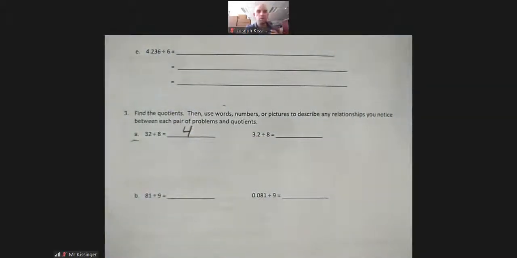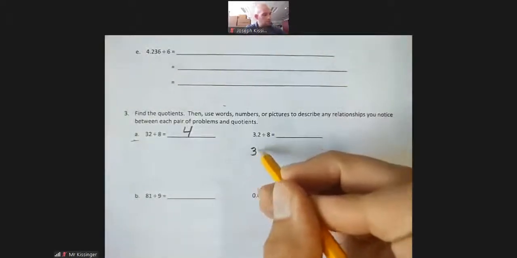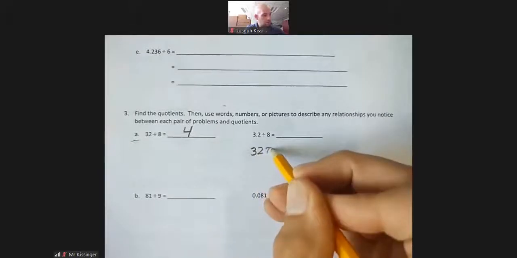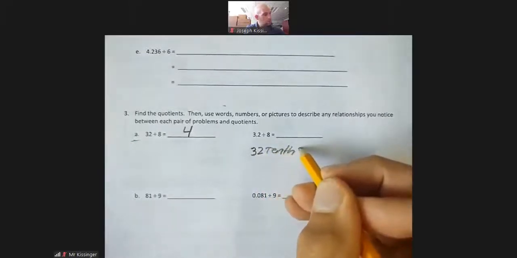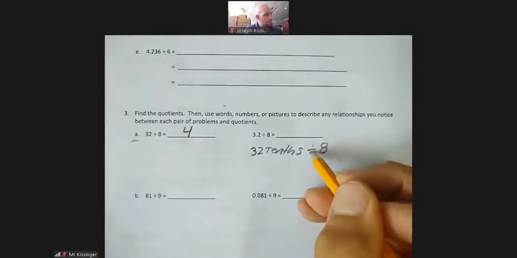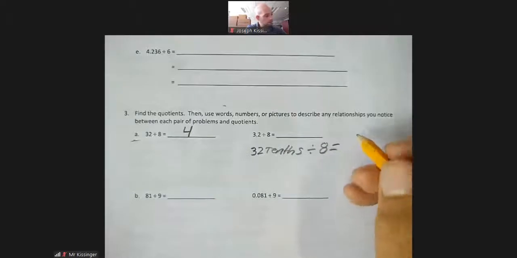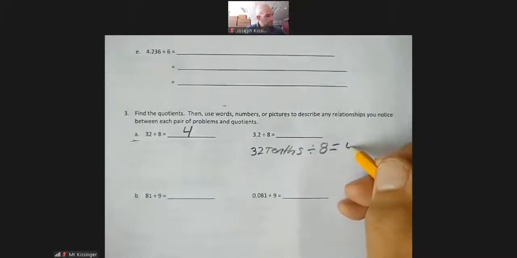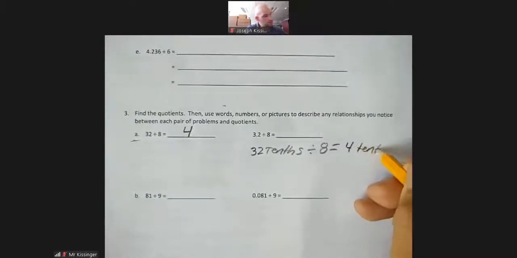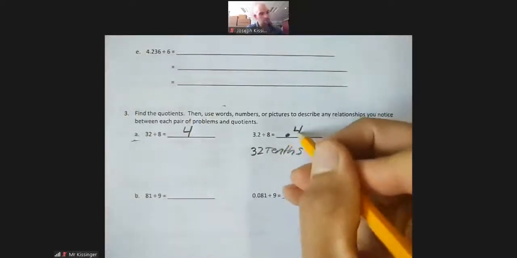So what if we had 3.2 divided by 8? Instead of 32, we have 32 tenths divided by 8. And that's going to be 4 tenths. It looks like this.